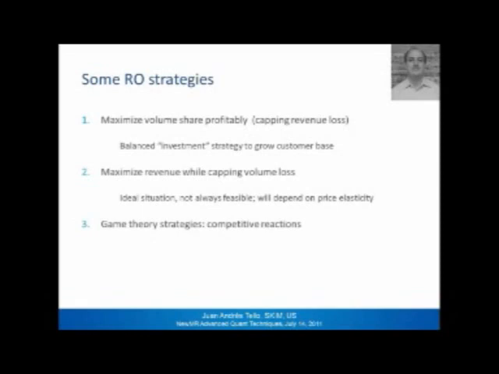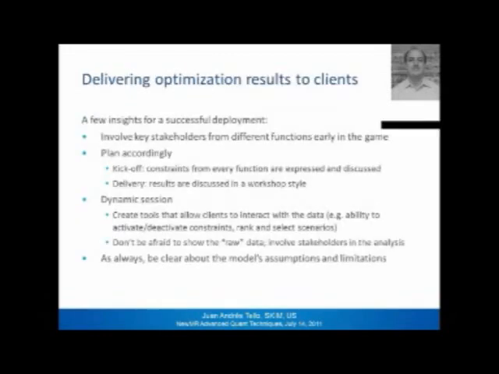And then you can also play some game theory strategies. You can think about what will be the optimal competitive reaction to my optimal configuration. That way you can rethink your strategy if you see, for example, that the best possible reaction for competition is to engage in a price war. So maybe you can reconsider your options.